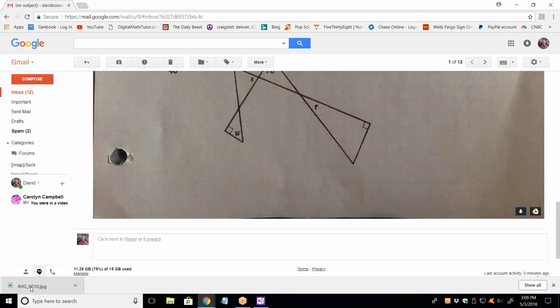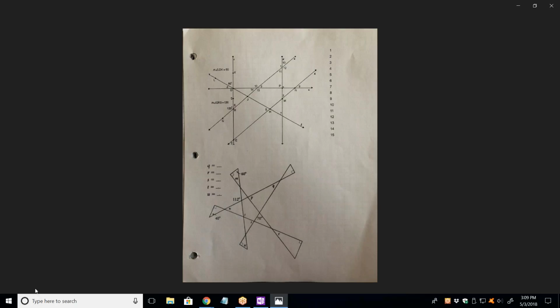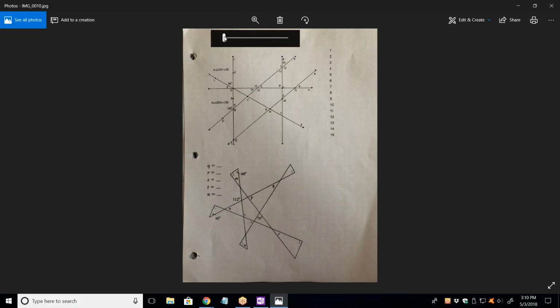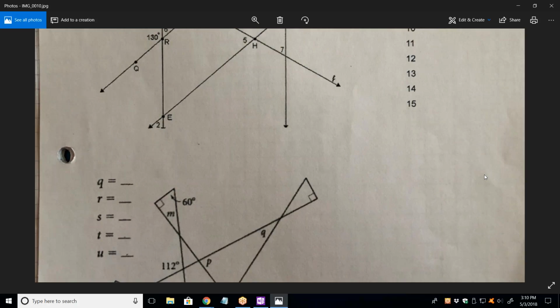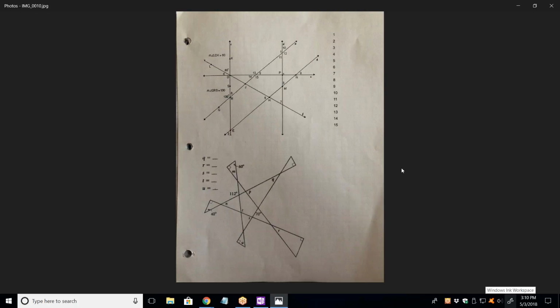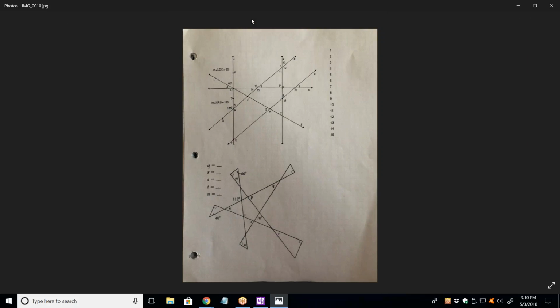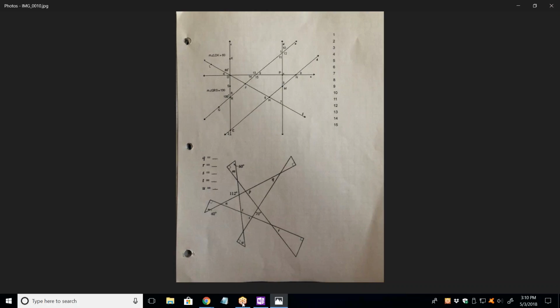And now I can zoom in and zoom out if I need to. Okay. All right, so you can see what we're looking at here. Yeah. Okay, and then oops, hold on a second. Just a second.